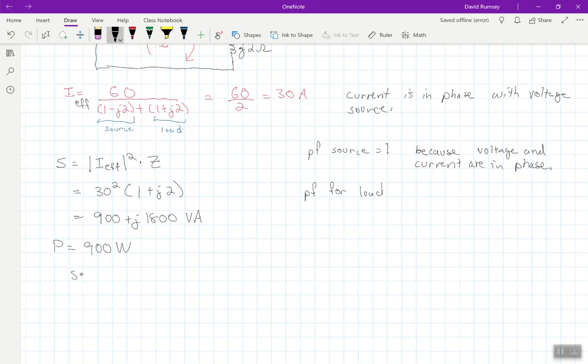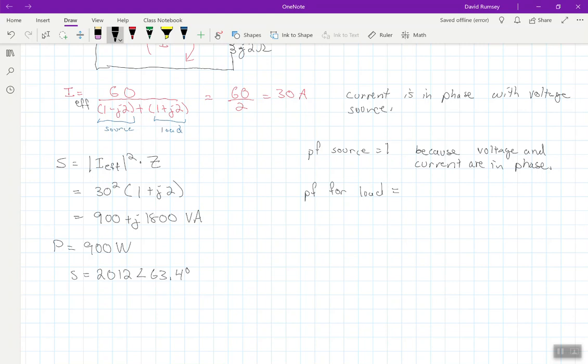Well, S, converting that to polar format, and I'm doing this real quickly on my calculator here, is 2012 at an angle of 63.4 degrees.